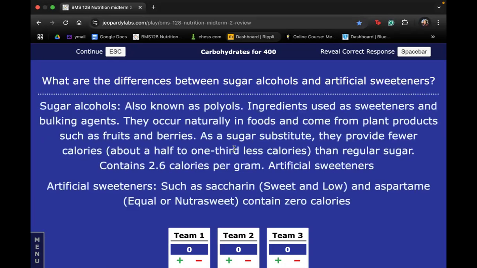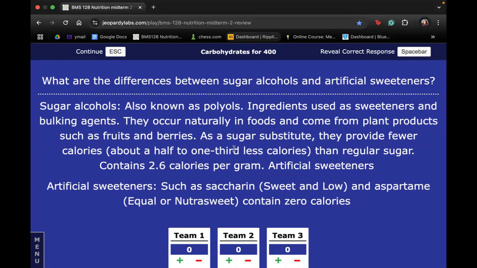Sugar alcohols, also known as polyols, are ingredients used as sweeteners and bulking agents. They occur naturally in food and come from plant products such as fruit and berries. As a sugar substitute, they provide fewer calories than regular sugar, containing 2.6 calories per gram. They're basically artificial sweeteners.